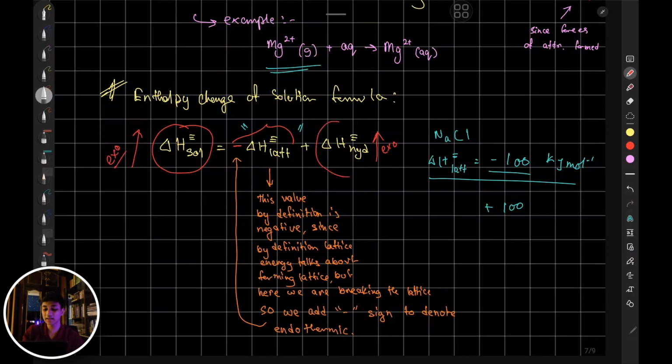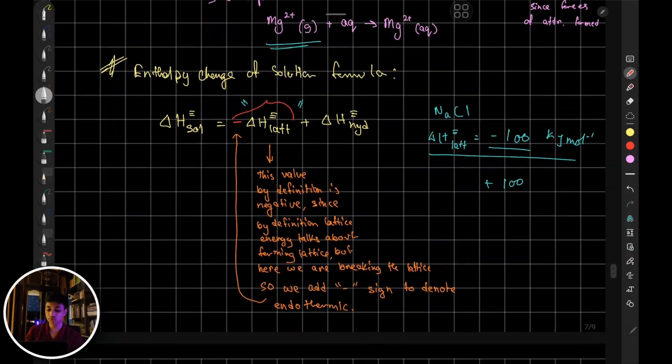Why? Because the enthalpy change of hydration is really large, for which the entire value for del H solution becomes more exothermic.